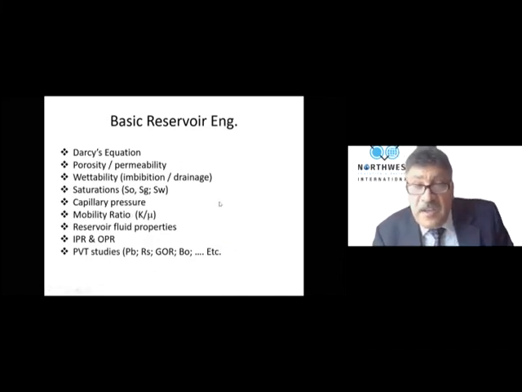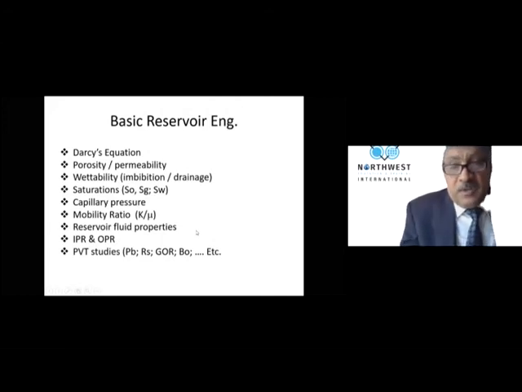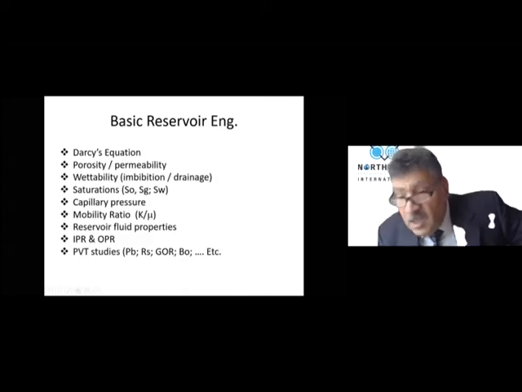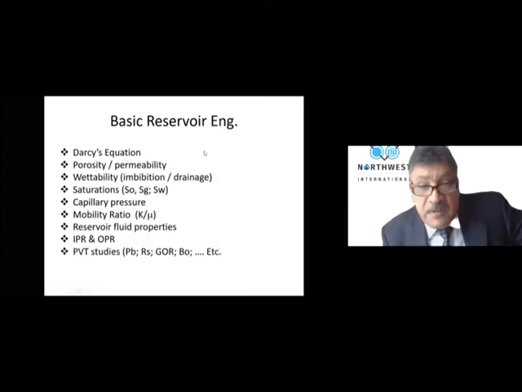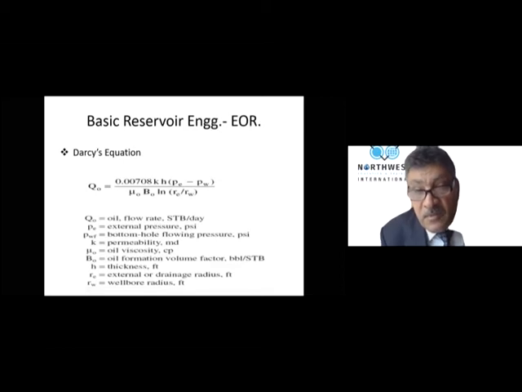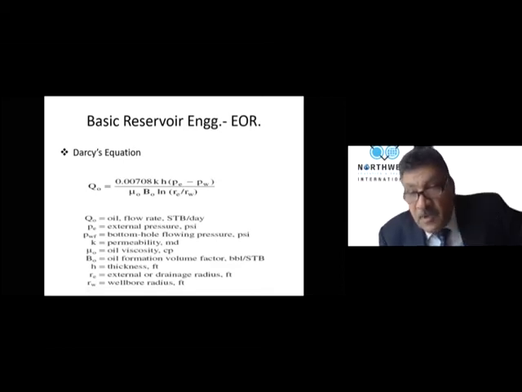So these are needed before I decide to build up, to manage, or to pay money for enhanced recovery. I should have some knowledge around these points in front of you. The Darcy equation is important. This is the Darcy equation for what we call radial flow. Sometimes we have linear and radial. This is the basic one for radial flow.